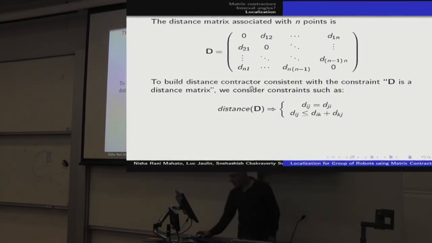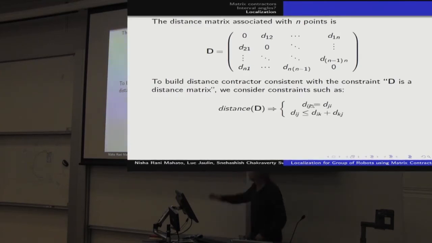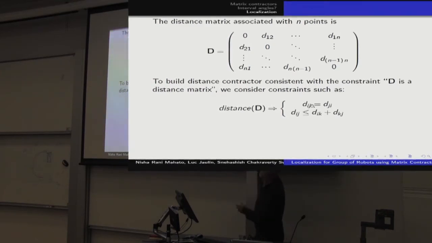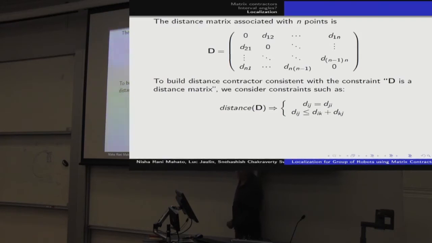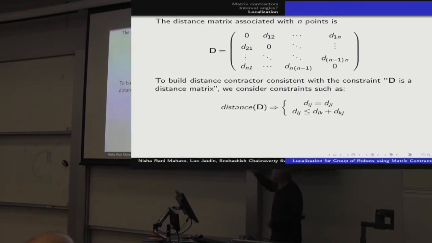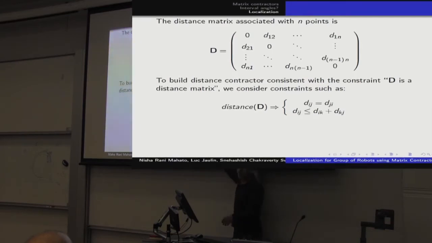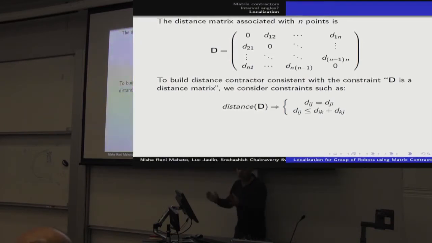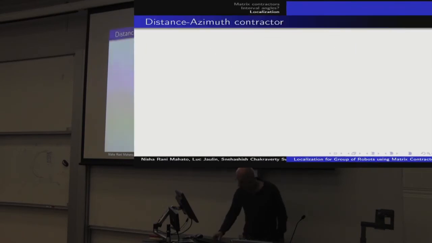So, in fact, the distance matrix can be transformed into constraints, and here you have the triangular inequality, the fact that it is a matrix which is symmetric, but also constraints that should be taken into account to have better contraction. Okay.